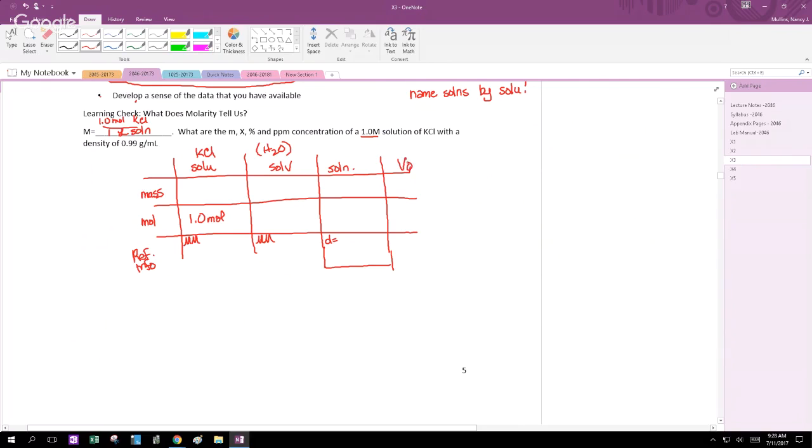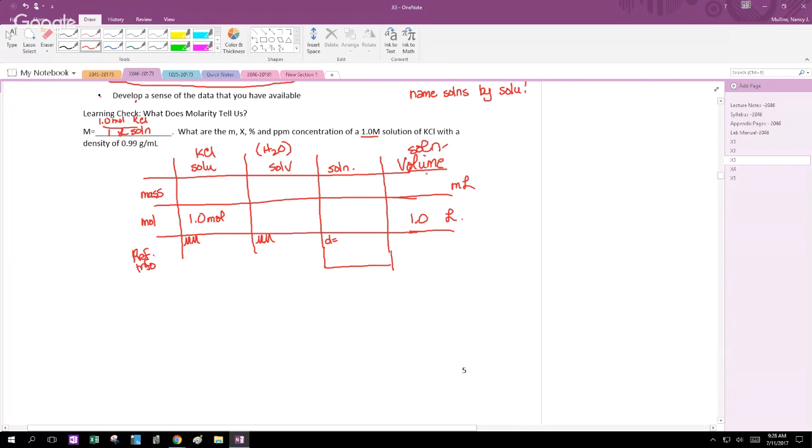Now, the solution is the only one that we need a volume on. And I usually just make a column here for the volume. So what I know about the solution is that I have 1.0 liters. Very often you need to know milliliters, and so that's why I make a place for that as well.